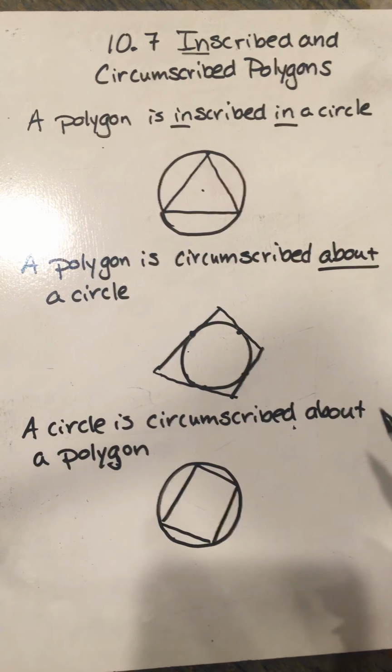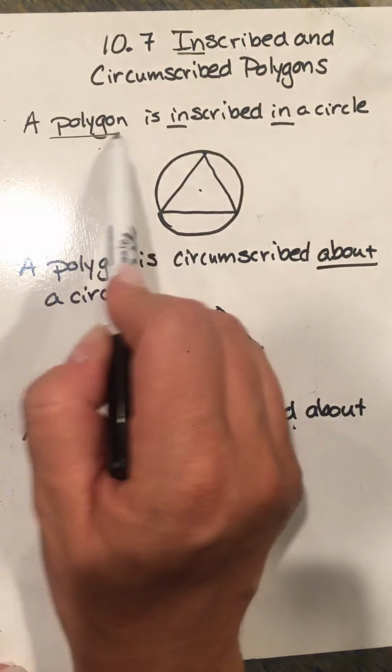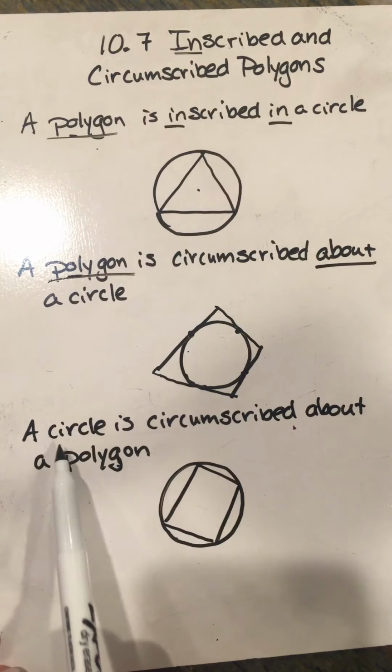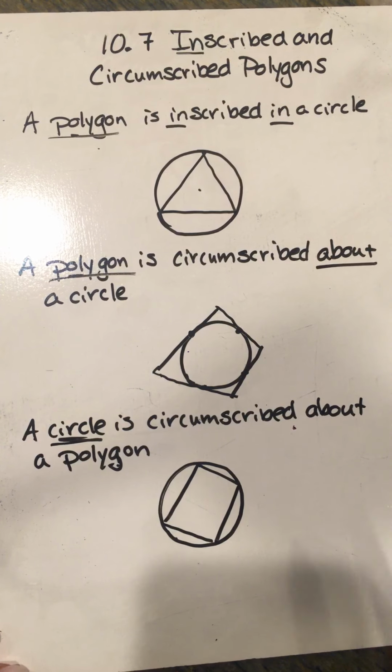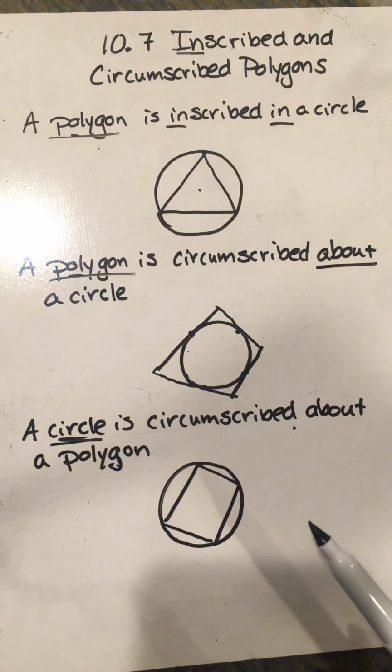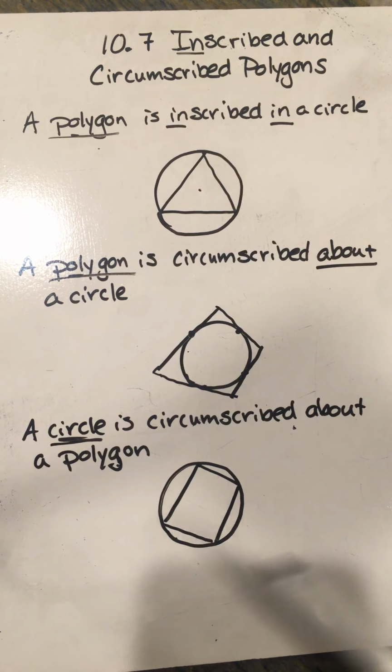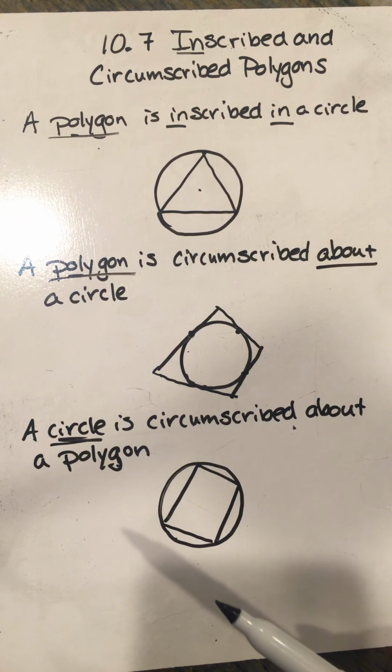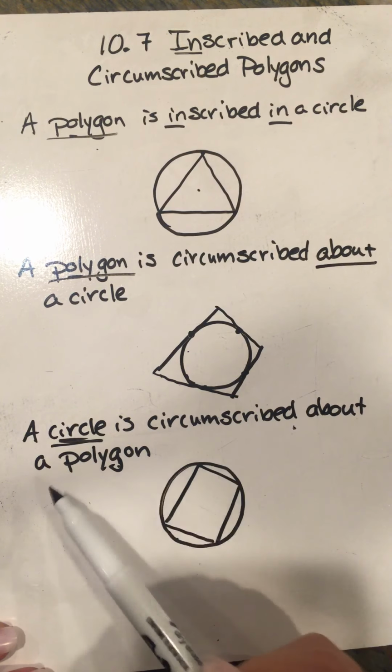So it just depends on what is your subject noun, right? I know, to get a little grammar on you. But here, your subject noun is polygon, a polygon. This one, your subject noun is the circle. So you need to know what your subject noun is so you know how to draw your picture. And then your direct object is the other guy. Okay, so we have a circle is circumscribed about a polygon.